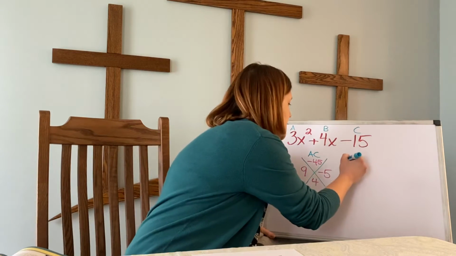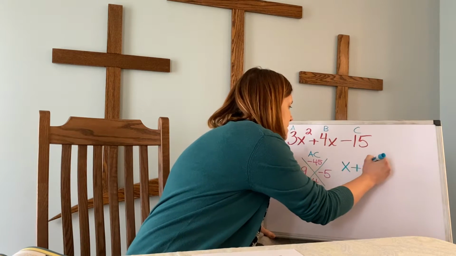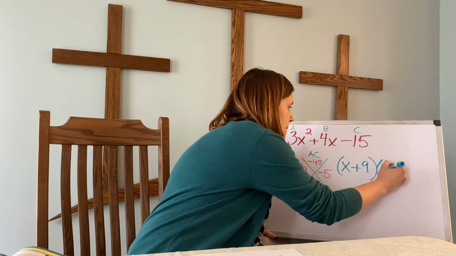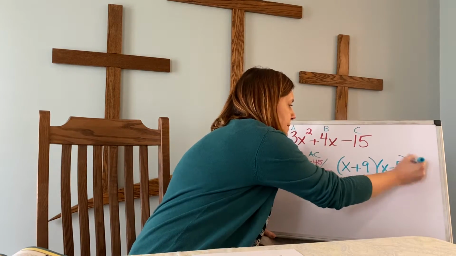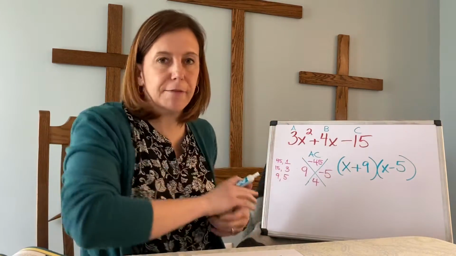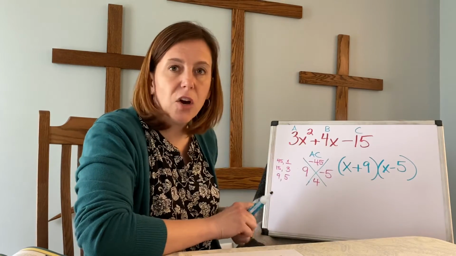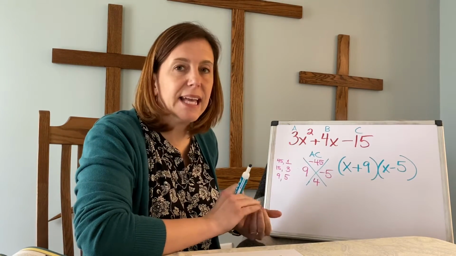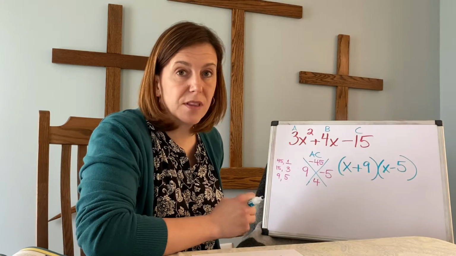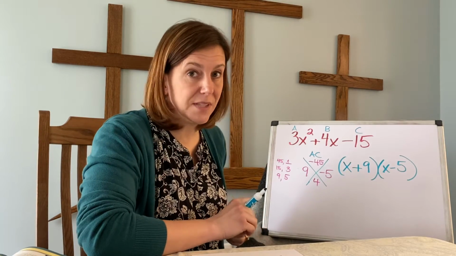So I'm going to write my binomials as x plus 9 and x minus 5. Well, I have this lead coefficient of 3. My A is 3. So this is where the term divide and slide comes into play.